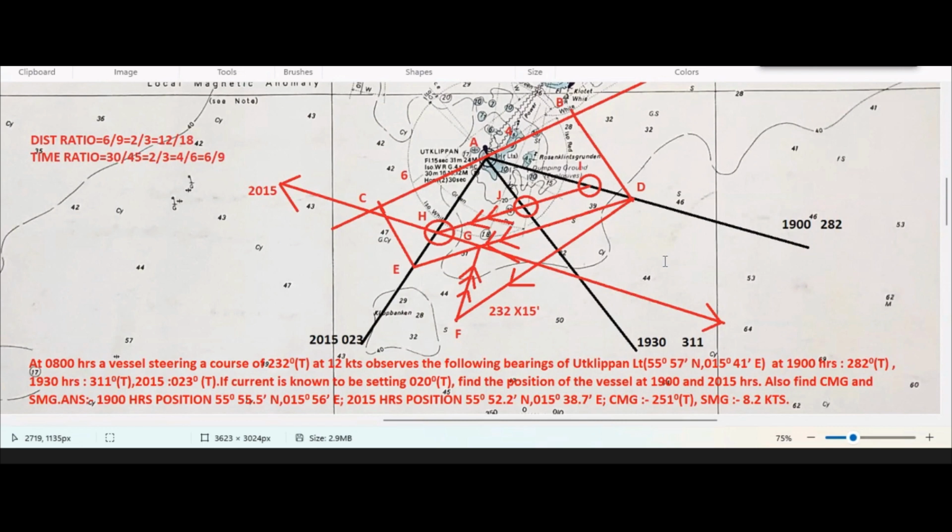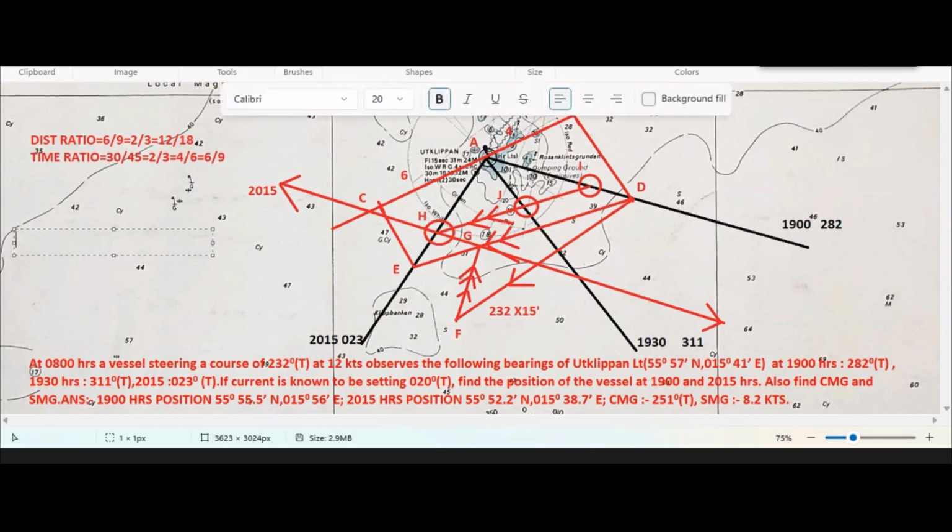Delta Golf and Hotel India, we have drawn parallel, course made good. So they are all parallel. That means, this triangle Delta Foxtrot Golf was the 1 hour 15 minutes triangle. That means distance made good.